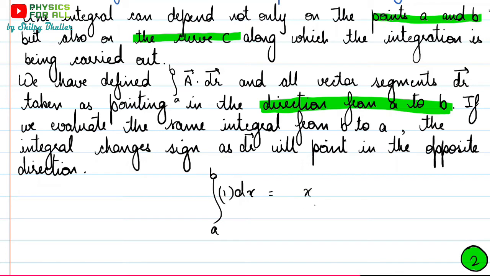So this would give me x, and then I have to put the limits. The answer would be b minus a. But what if I swap the limits?